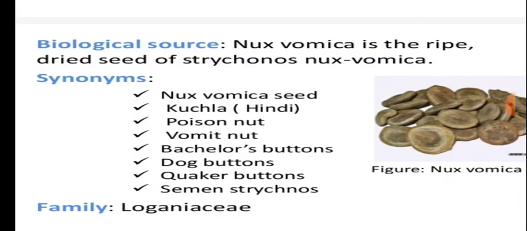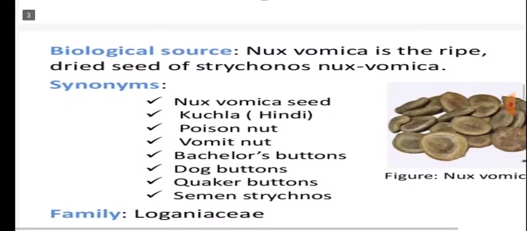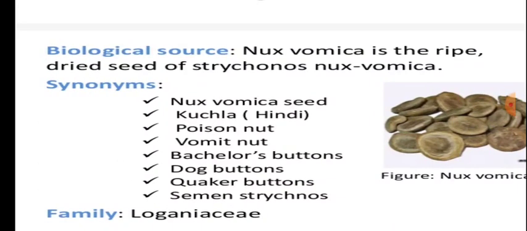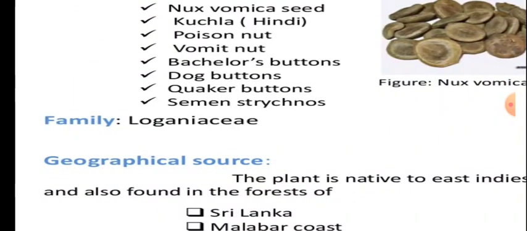These seeds have different names. The ripe seeds of this plant are generally used. It is also called kuchla, poisonous nut, vomit nut, bachelor's button, dog button, or semen strychnos. Family: Loganiaceae.